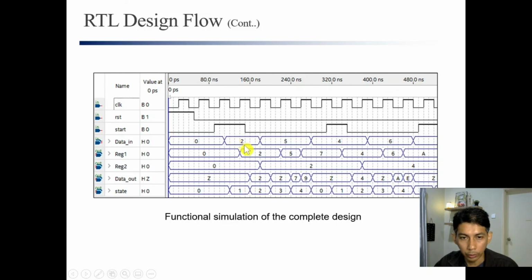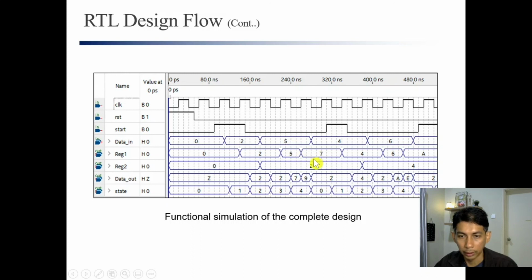We have x equal to 2 and y equal to 5. So we can see that in state 1, x is now in rack 1, and in state 2, x is now in rack 2, all right, and for state 3 we have y equal to 5 here.